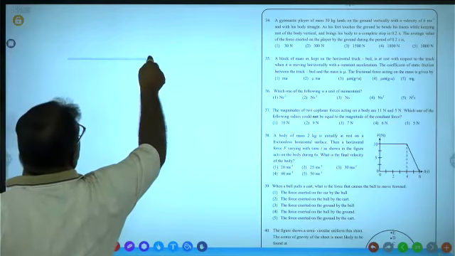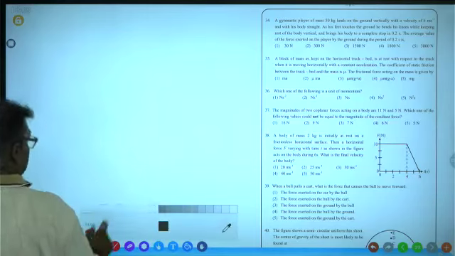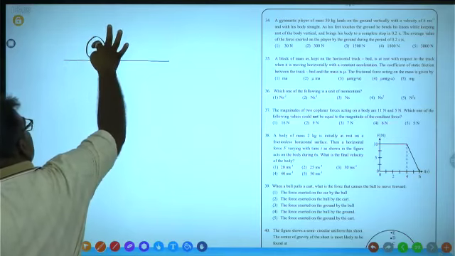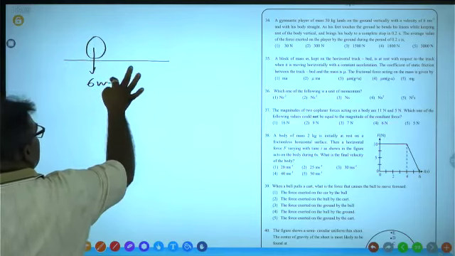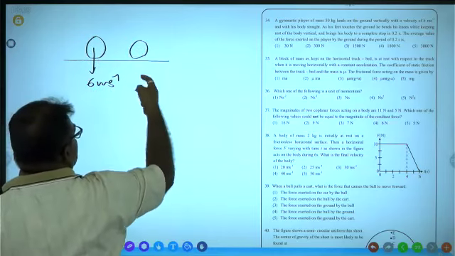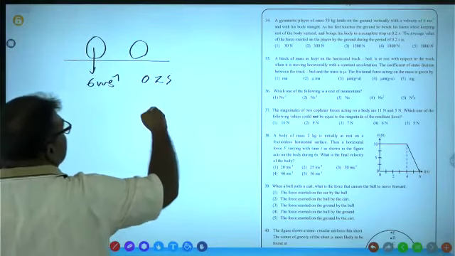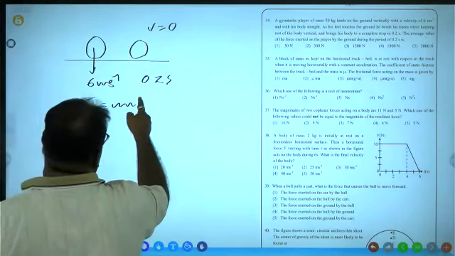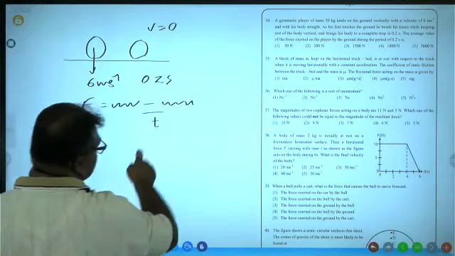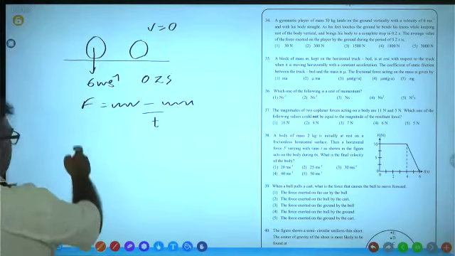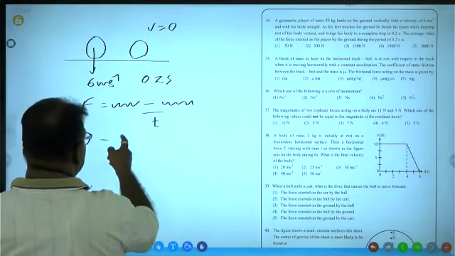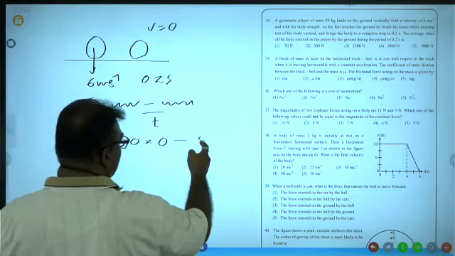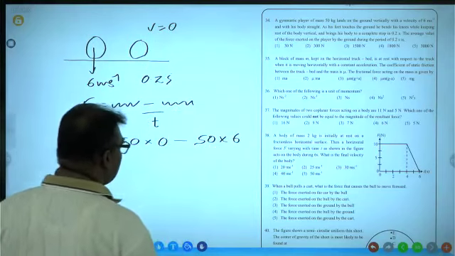Like this, no? When we have this kind of arrangement, velocity of 6 ms minus 1, after 0.2 seconds later finally comes to 0. Then you can say F equals mv minus mu over t. The body of mass 50 finally obtains 0 velocity from 6 ms minus 1.